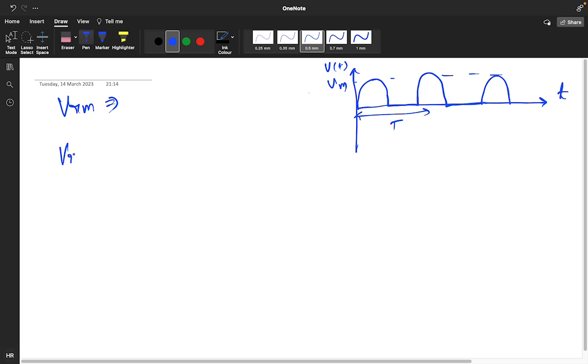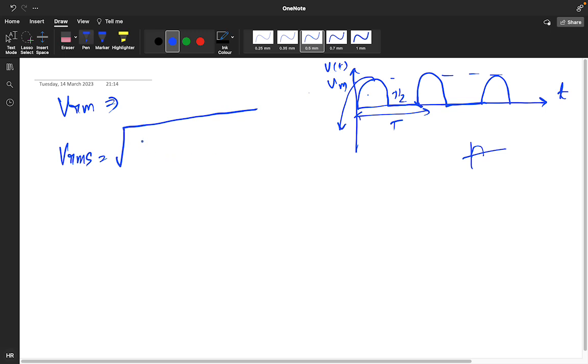See, Vrms is equal to root under, your signal is repeating particularly from this time period. This is T by 2. So you know the RMS value of this signal, a sinusoidal wave.